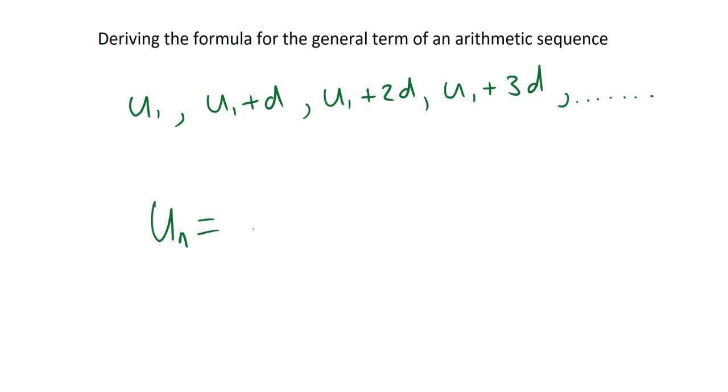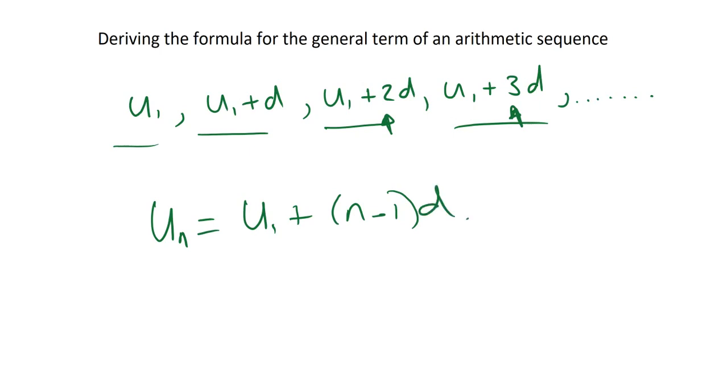Well, we always have a U1, and we always have some multiplication of the common difference. But you notice if I'm looking for the fourth term, there was a 3 there. If I was looking for the third term, there was a 2 there. So it's always going to be n take away 1 multiplied by the common difference, and that is our formula.